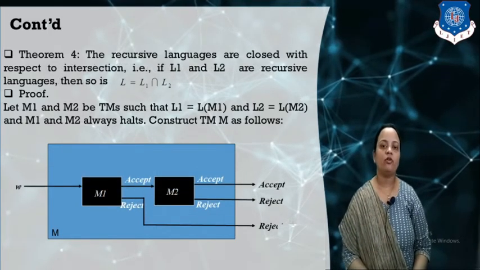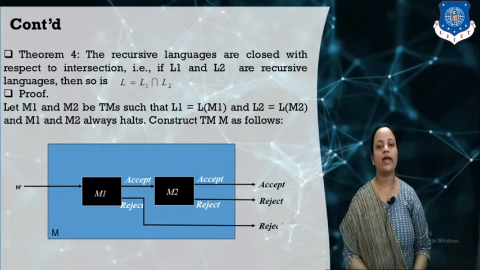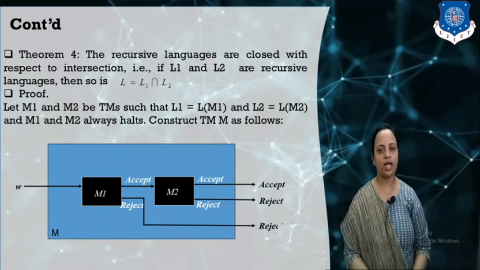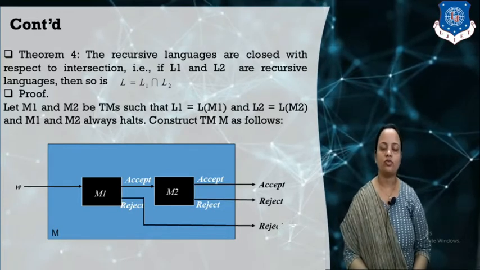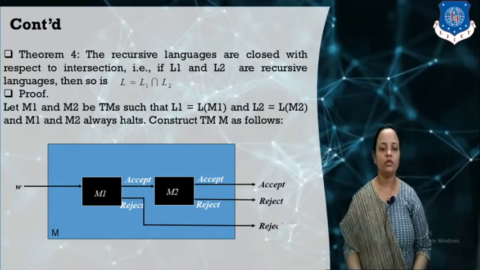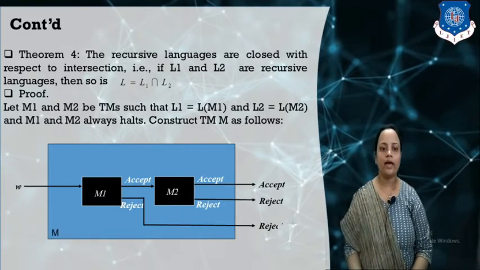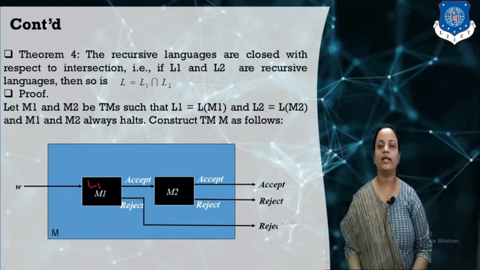Now the last theorem, which is the intersection. The recursive languages are closed with respect to intersection. So if L1 and L2 are recursive languages, then the resultant language L is also a recursive language. Here I have given a proof. Let me explain the figure. M1 is a Turing machine which represents the language L1, and M2 is a Turing machine which represents L2.